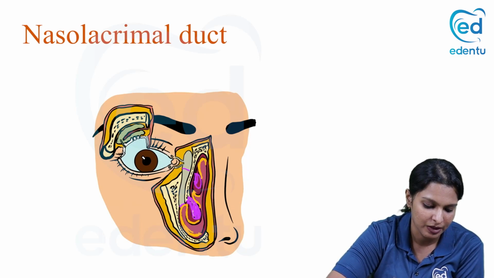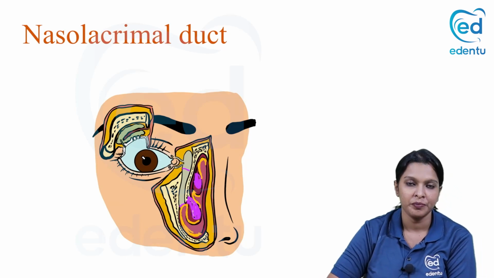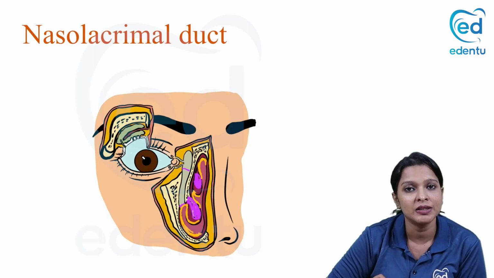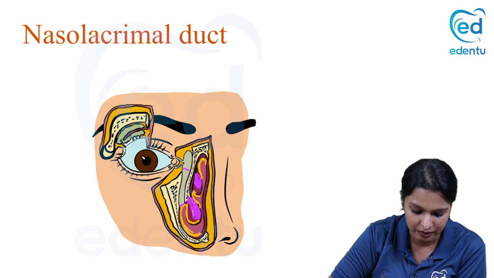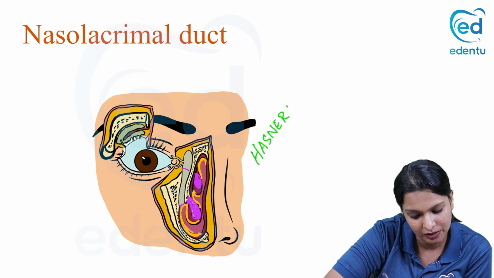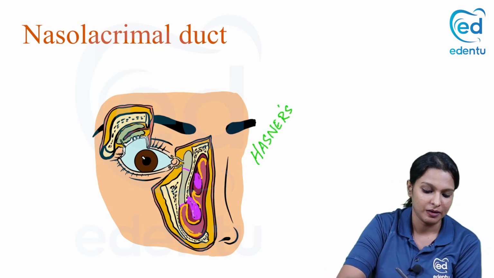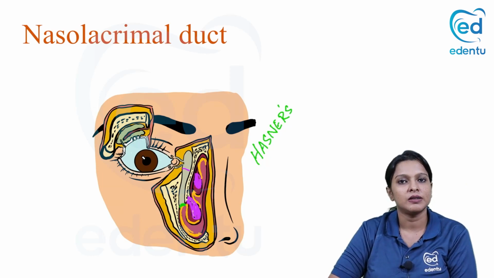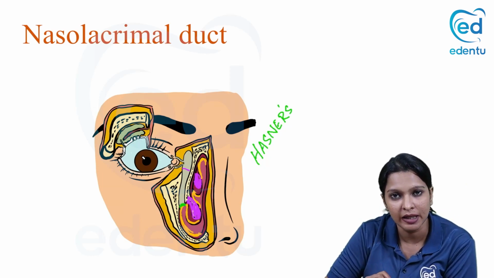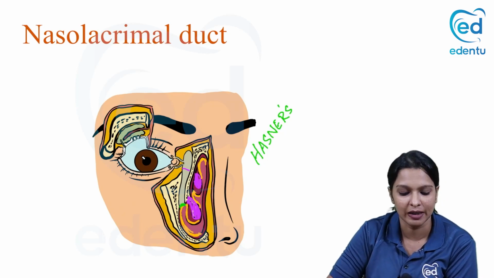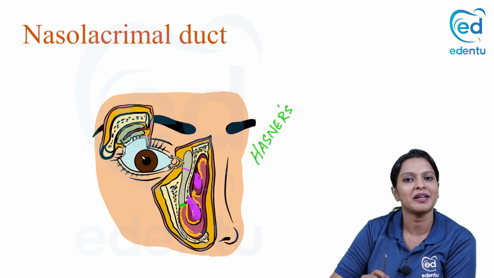This is the middle shelf, the middle turbinate. So this drains into the inferior meatus. At this junction, there is a valve called the valve of Hasner, Hasner's valve, which guards its drainage. So this is the synthesis, circulation and drainage of lacrimal fluid and all the components of the lacrimal apparatus. Thank you.